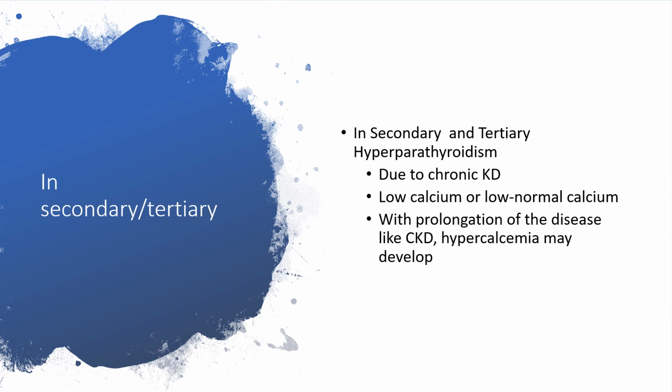The secondary is to correct the low calcium. Hypocalcemia will be found in the face of chronic kidney disease, and that will trigger secondary hyperparathyroidism. But if the cause of the hypocalcemia and secondary hyperparathyroidism is not corrected, it will lead to irreversible tertiary hyperparathyroidism, and in that case, we'll be battling with hypercalcemia.